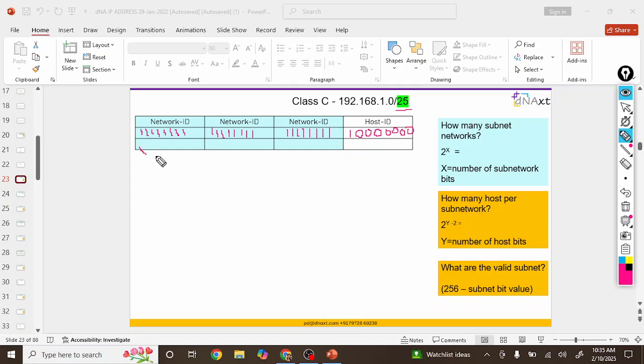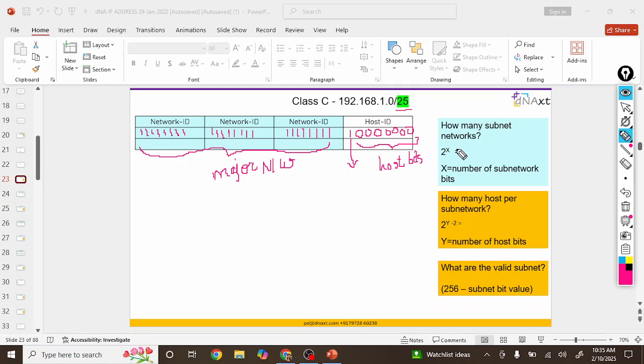So this is your major network, this is your subnetwork bit, and these are your host bits. How many subnetworks will we get when we borrow one bit from the host?